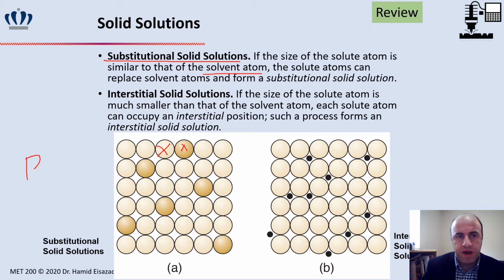We said that brass is one example, the zinc and copper. And here we have interstitial solid solution, where we have a smaller atom as a solute atom, which is much smaller than the major element or the solvent. A good example is steel, where we have carbon atom as a solute, and the major element is going to be Fe.